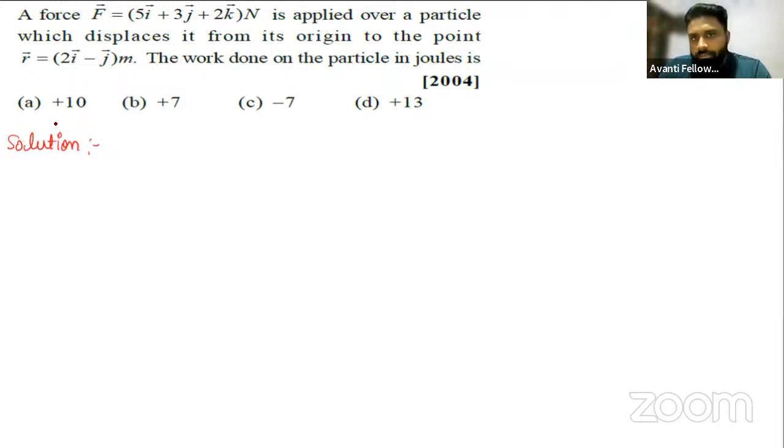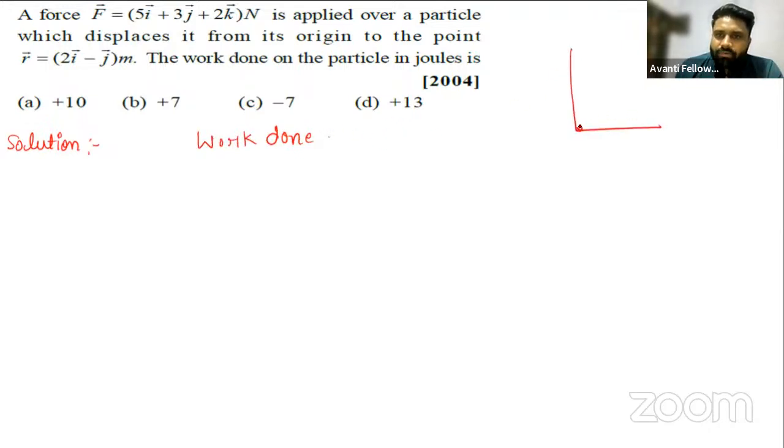So the work done on the particle in joule is? So we have to calculate the work done. Since this particle is projected from the origin, you do not have to worry about the initial position in calculating the displacement, which means this expression directly deals with displacement. It is given to you as displacement.